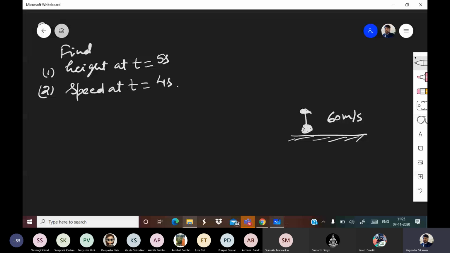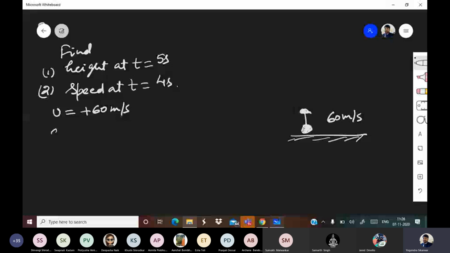Okay, everyone, please pay attention. Now u is equal to plus 60 meters per second. A is equal to minus G, which is minus 10 meters per second square. If we take T is equal to 5 and find S, by S is equal to UT plus half AT square, 60 into 5 plus half into A into 5 square.